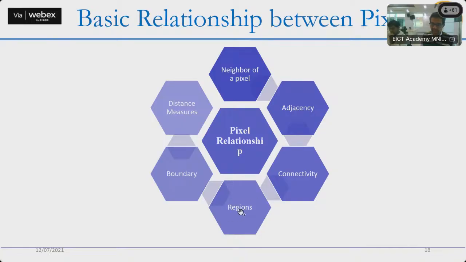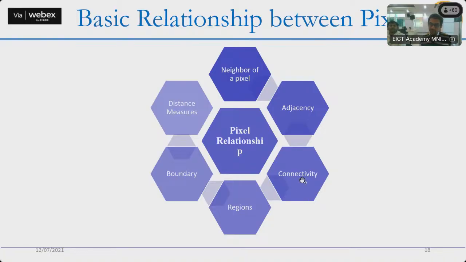Boundary is basically almost one line. It may be diagonal, vertical, or horizontal. It may not be a straight line also, in many cases. What about regions? A region is basically a continuous collection of pixels. When that is noticed, it is the pixel region.